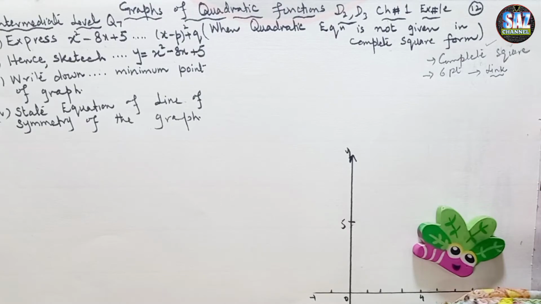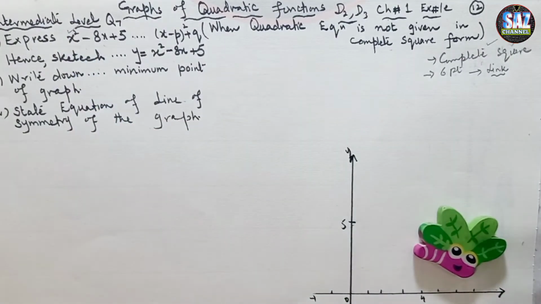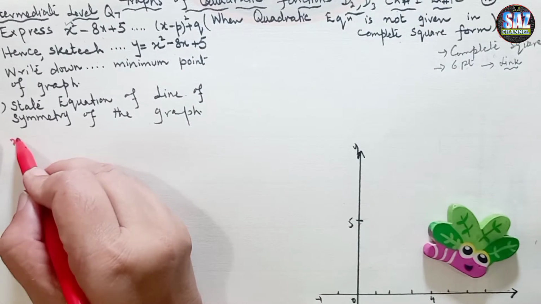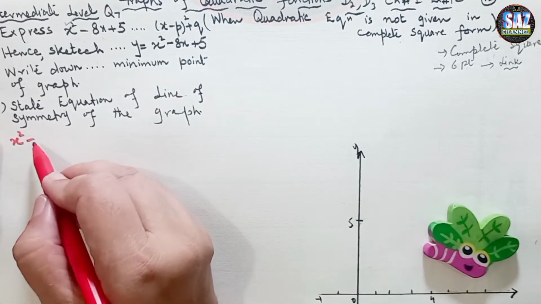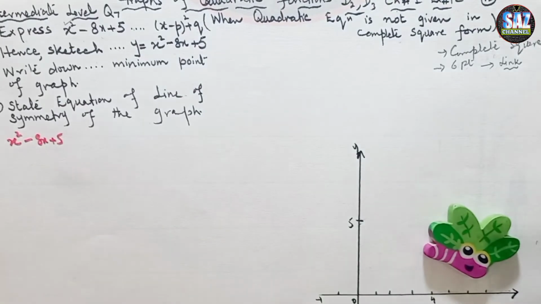So let's move to the solution of the question, and first of all let's express the given expression in the form of the requirement, and the given expression is x square minus 8x plus 5, and we have to apply the completing square method on that.